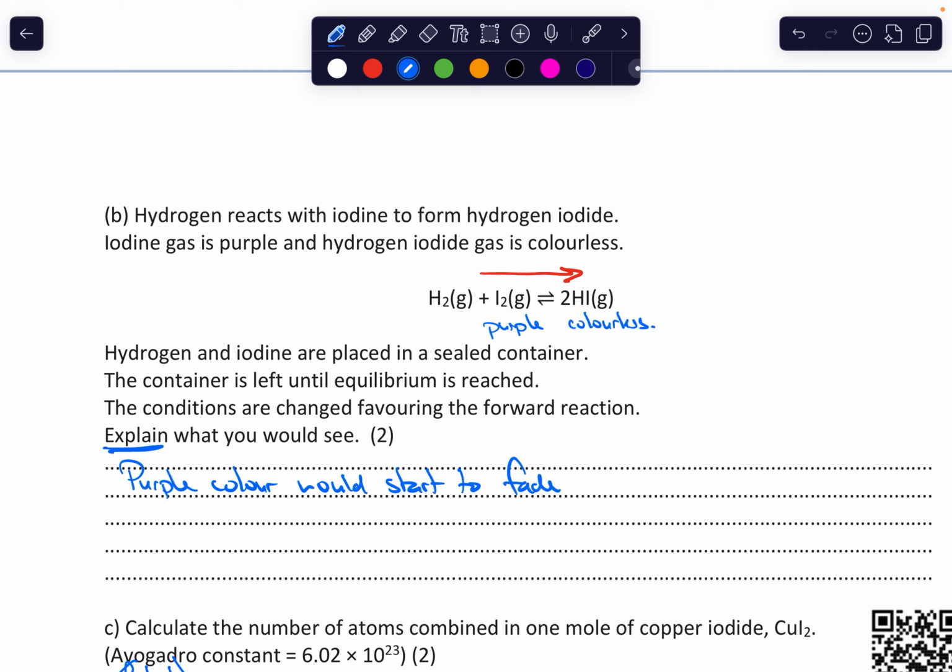That's going to fade because there will be less I2 present as it is forming hydrogen iodide. Okay, so we've got 1 mark for saying what we would see, and then we've got a second mark for explaining why we would see that.